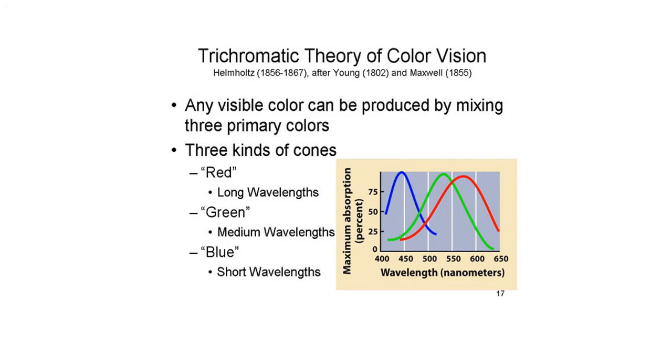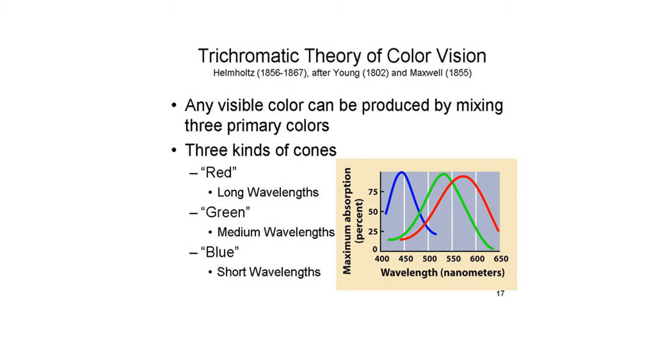According to the trichromatic theory of color vision, there are three types of cones. And remember, cones are the cells that are important for color detection and detail. The three kinds are red, which respond to long wavelengths, green, which respond to medium wavelengths, and blue, which respond to short wavelengths. We kind of went over this when we were talking about the different types of waves.